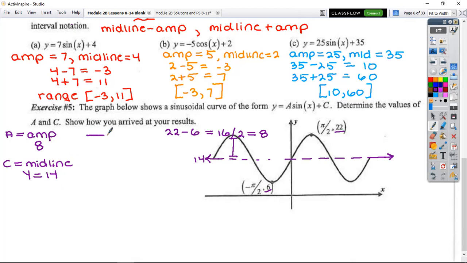Okay, so this is a little formula that you could use for amplitude if you'd like to. If you want a formula for midline, if that's how you work, then you're going to do 22 plus 6 divided by 2. And that also gets me the 14. Okay. So either way, formula or picture.